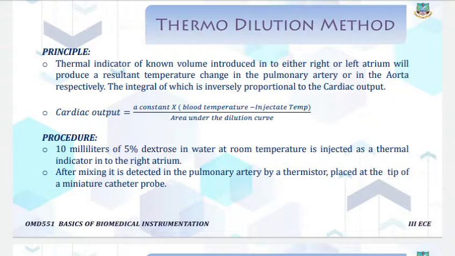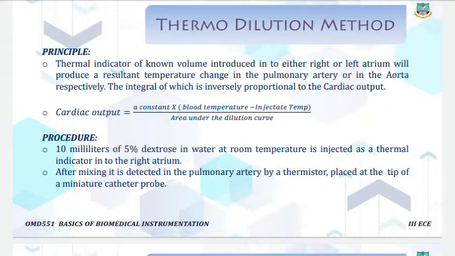Next, the thermodilution method. In this method, a thermal indicator is introduced into either the right or left atrium, which will produce a resultant temperature change in the pulmonary artery or in the aorta respectively.